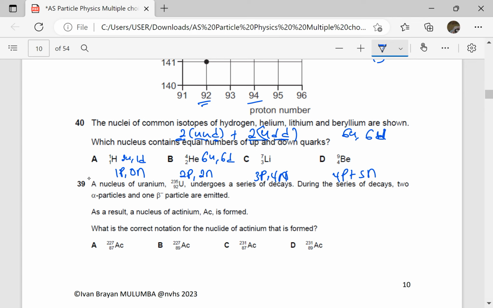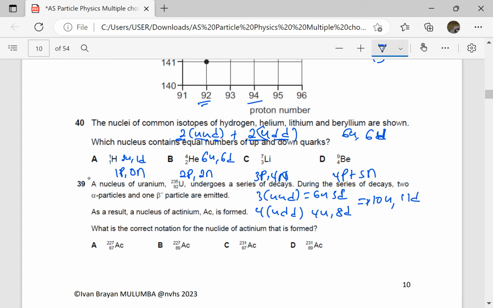Then we can check for lithium. Lithium has 3 protons, that is 3 times up, up, down, and 4 neutrons, which is 4 times up, down, down. This one gives us 6 up and 3 down, plus this one gives us 4 up and 8 down. So the total is 10 up and 11 down, so they are not equal.